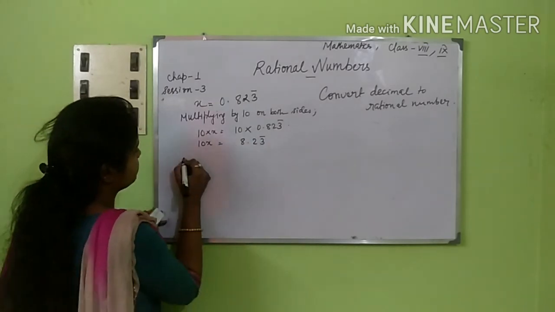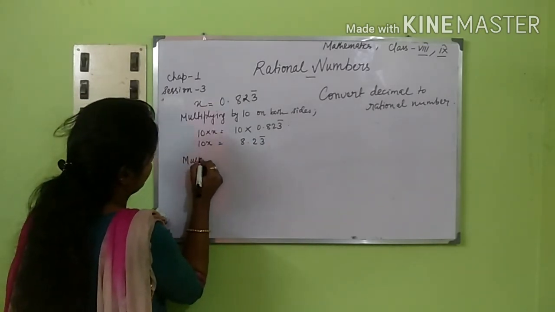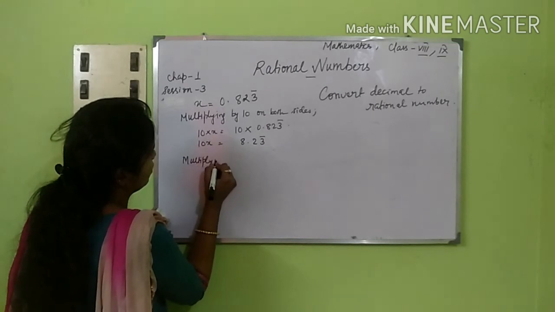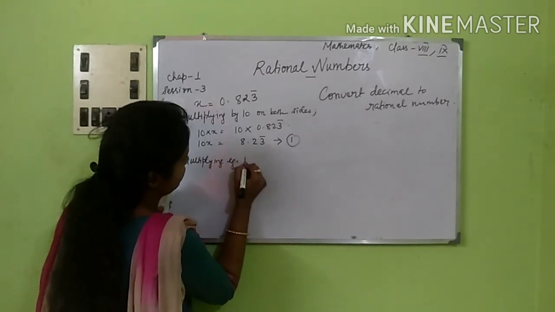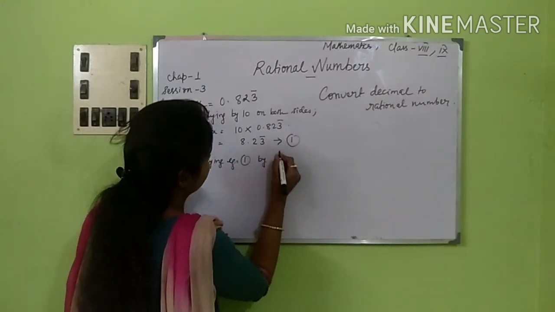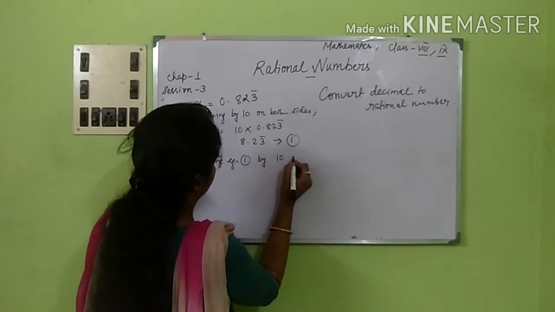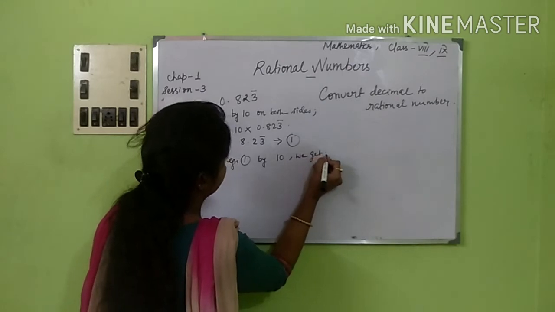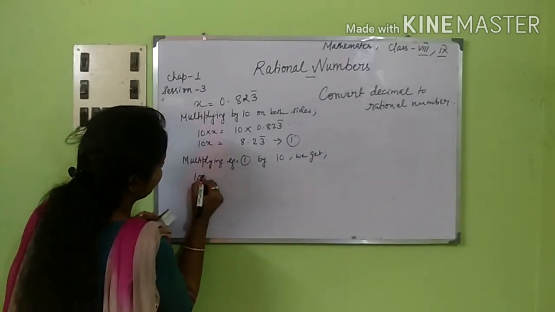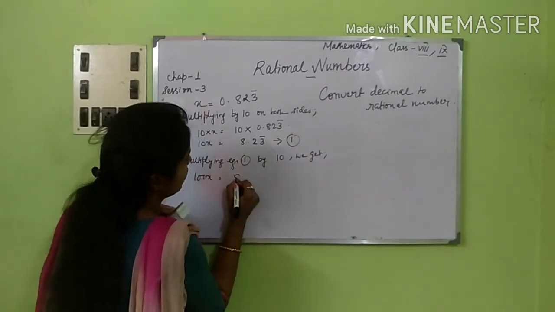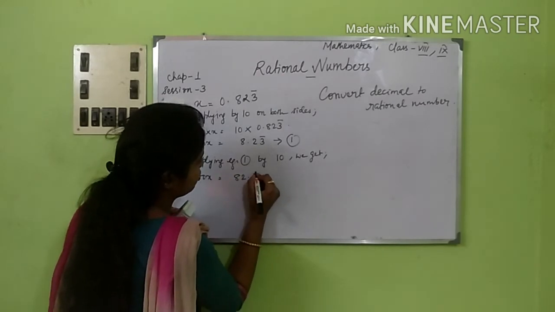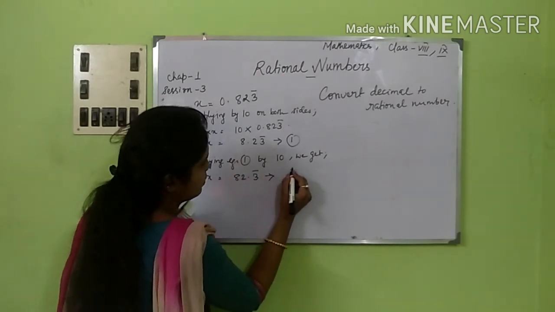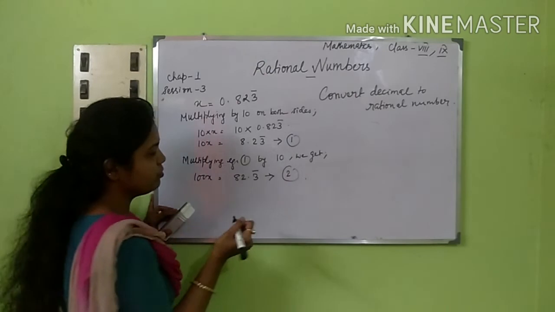Now next, multiplying equation 1 by 100, we get 100x equal to 82.3 bar, I'm directly writing. So you are getting this as equation 2.